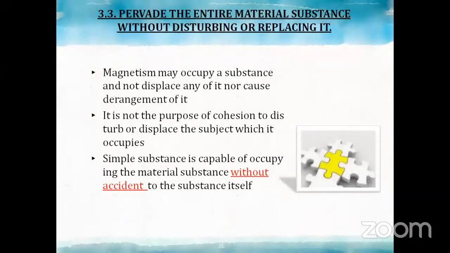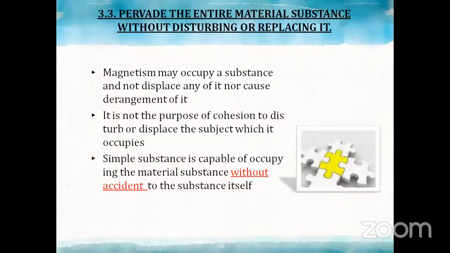And next is it perverts the entire material substance without disturbing or replacing it. So whenever a person is being occupied with a simple substance, it doesn't displace anything. Like magnetism can occupy a substance and does not displace anything, nor cause a derangement of it. So it is not the purpose of the simple substance to disturb or displace the subject which it occupies.